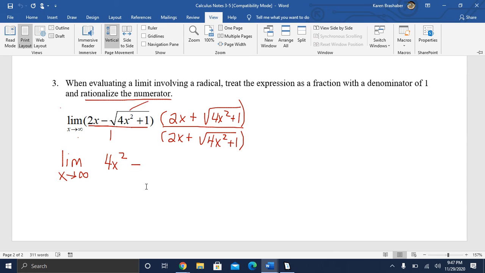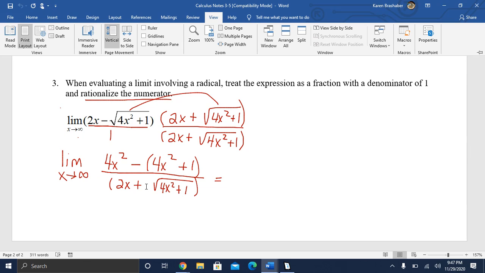But we'll have minus, and then these square roots will drop out. We'll have 4x squared plus 1, but in a parentheses because we have to eventually distribute the minus sign. And then your denominator would still just be the 2x plus the square root of the 4x squared plus 1.